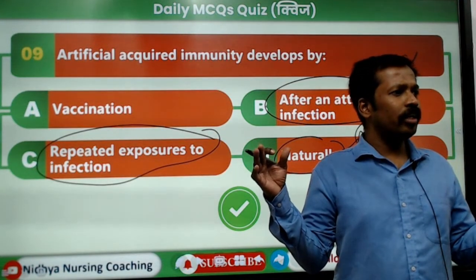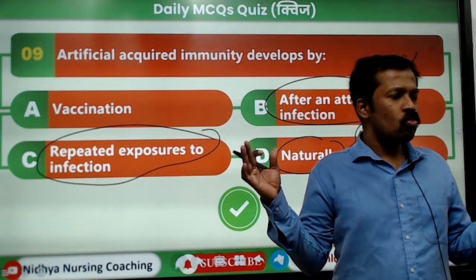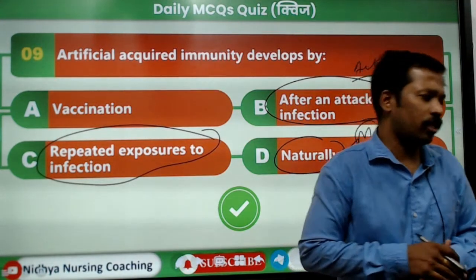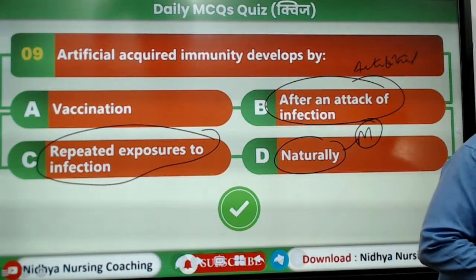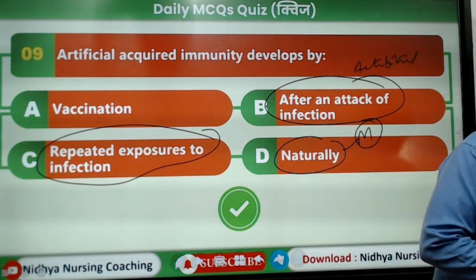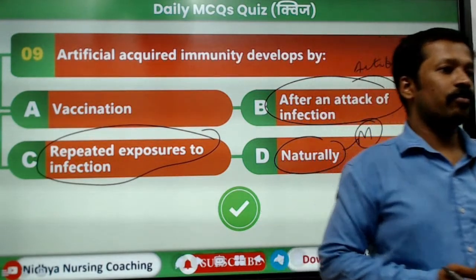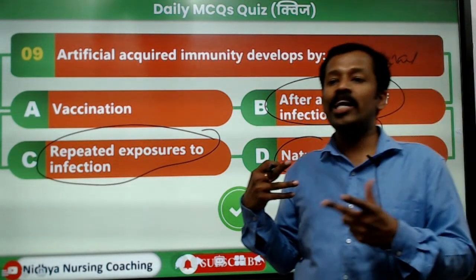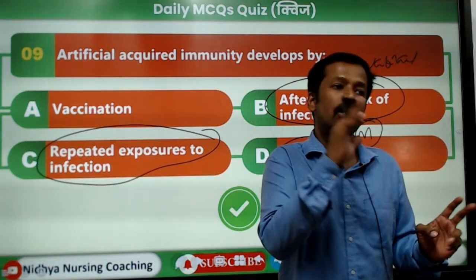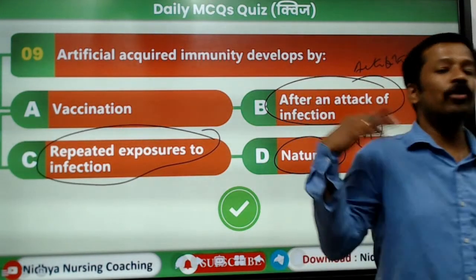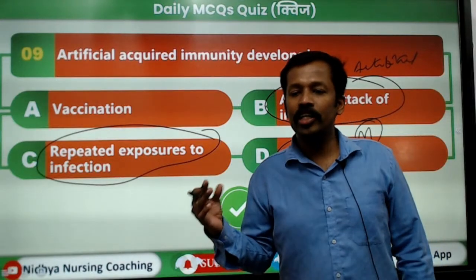Acquired immunity, active, passive. Okay, I'll give you an option. Antibody function. Suppose we give an antibody, immunoglobulin IgG, to a person and the person gets immunity.